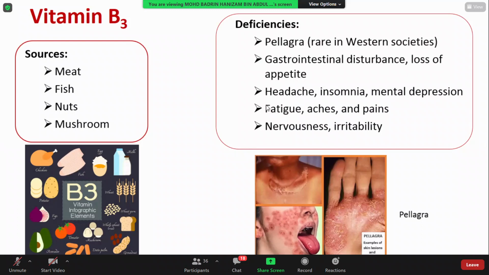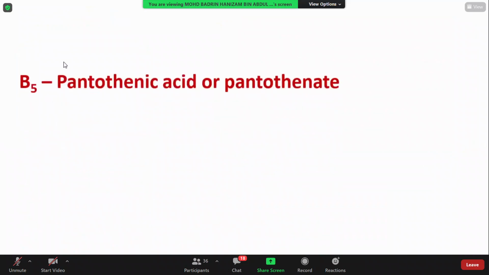Gastrointestinal disturbance, loss of appetite, headache, insomnia, mental depression, fatigue, because this is responsible for energy production, fatigue, aches and pains, nervousness and irritability. So this is how it looks for people who have been affected with pellagra, skin lesion and dermatitis.